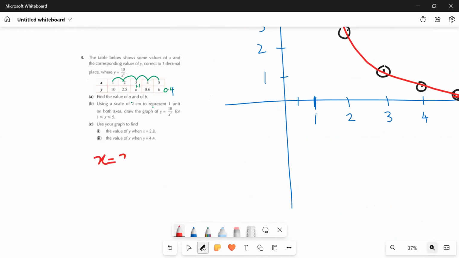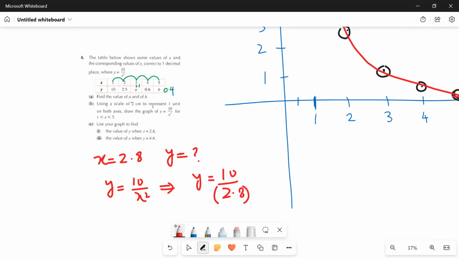For x is equal to 2.8, find y. So y is 10 by x square. Put the x value, so it is 10 divided by, take brackets and then 2.8 close bracket and then square.